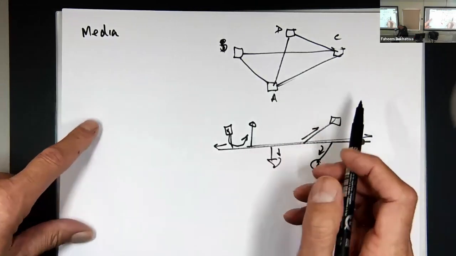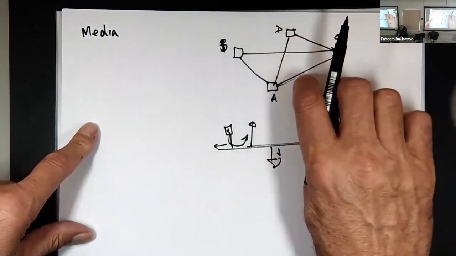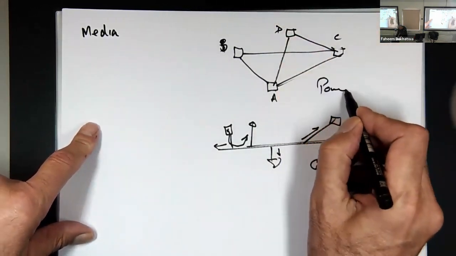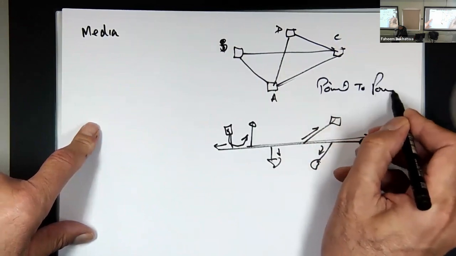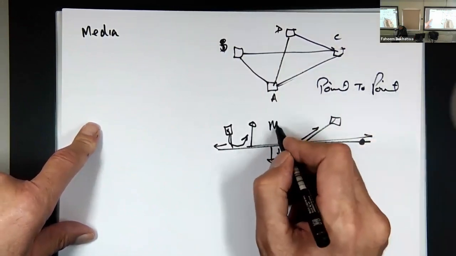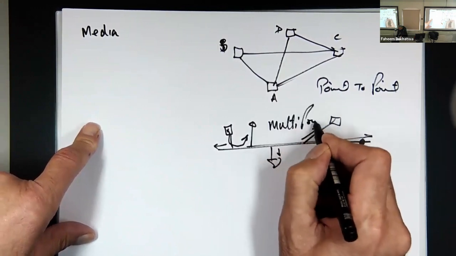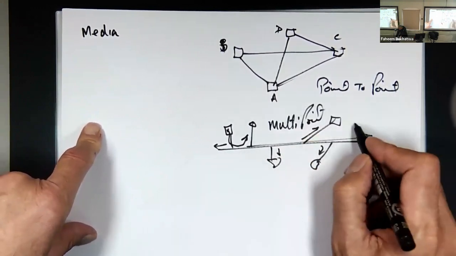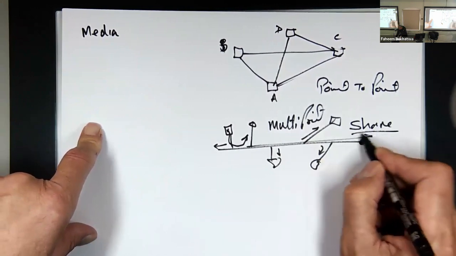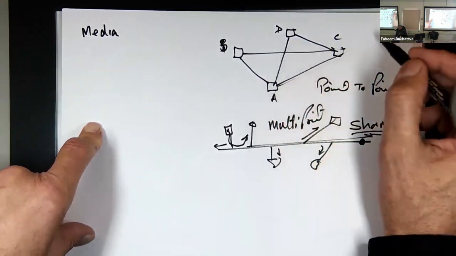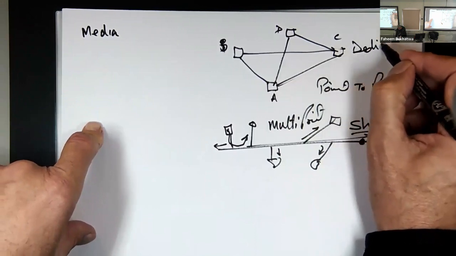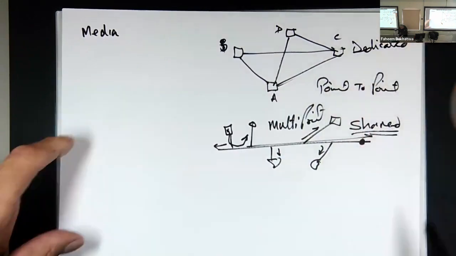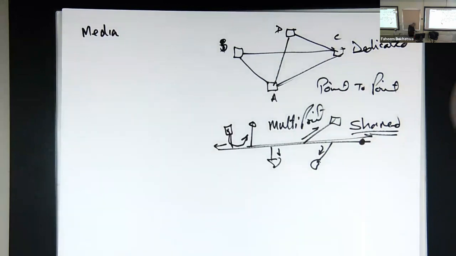Right. Now, what's the difference between point-to-point and multi-point? This one is shared. This is the main difference between them. Shared link, and this is dedicated. We asked you earlier on which one is better, to use shared links or dedicated links. And what do you think? Which one is better?